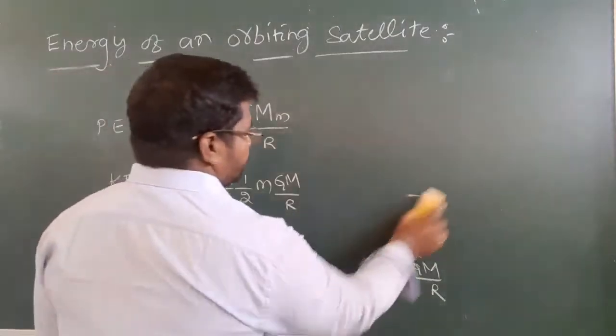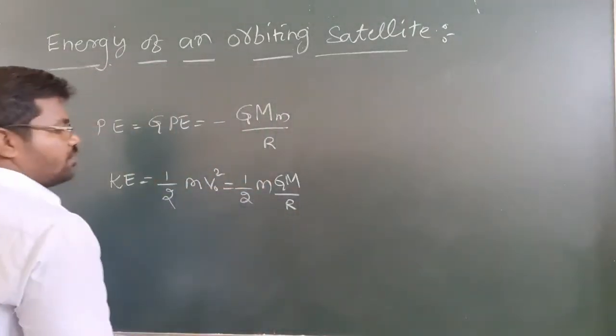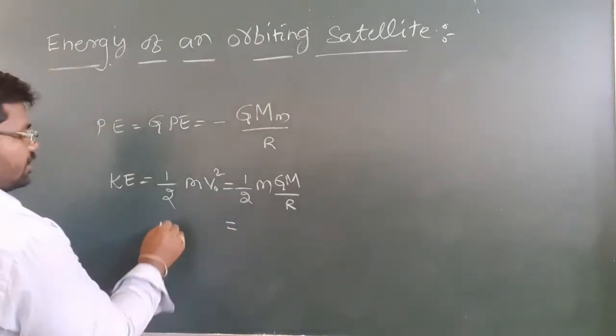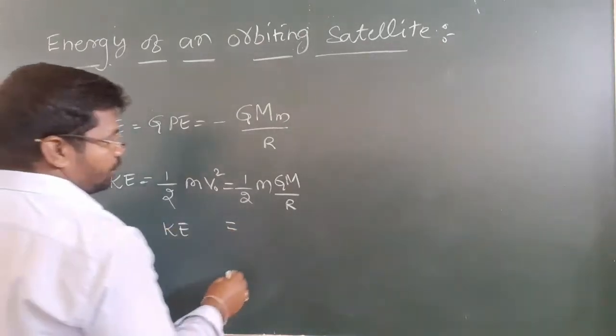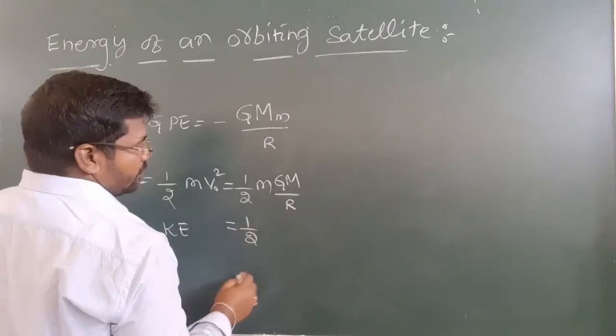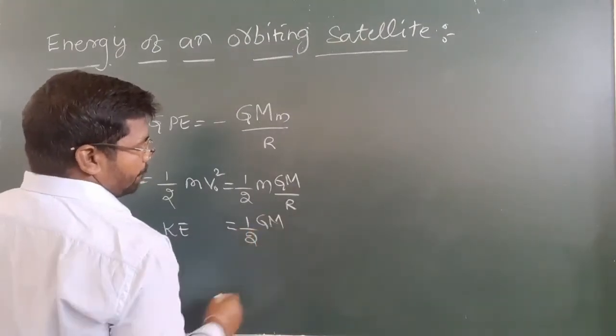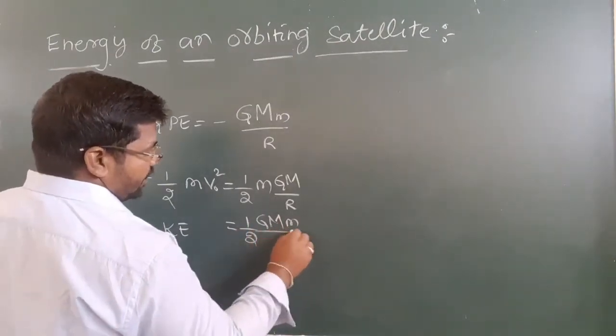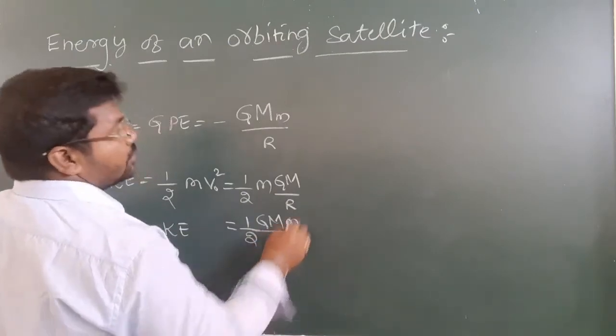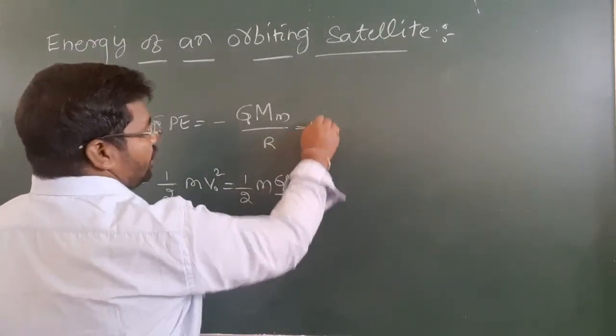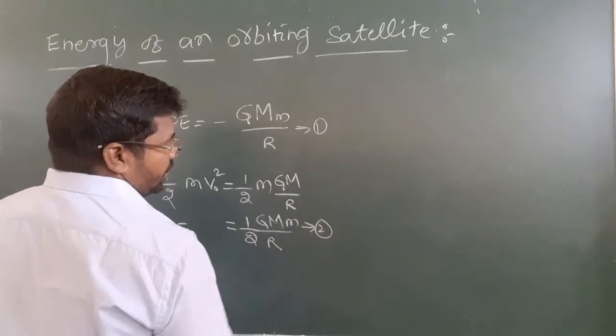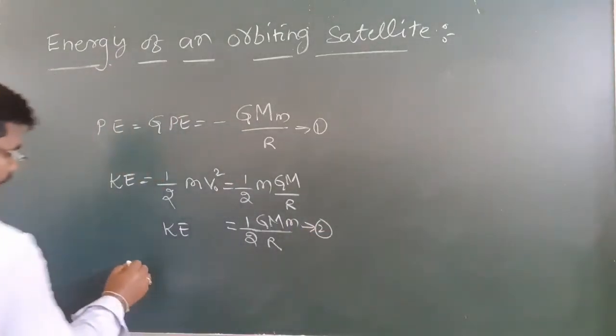Now the expression for kinetic energy, KE, is equal to 1 by 2 GMm by R. This is equation 1, this is equation 2. Then how can we find total energy?